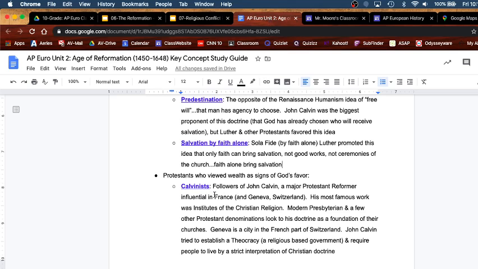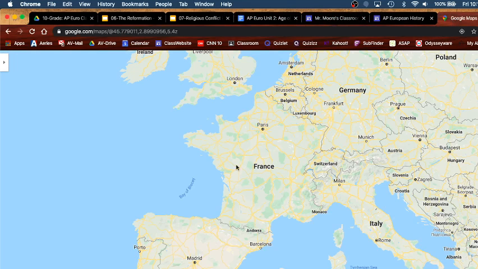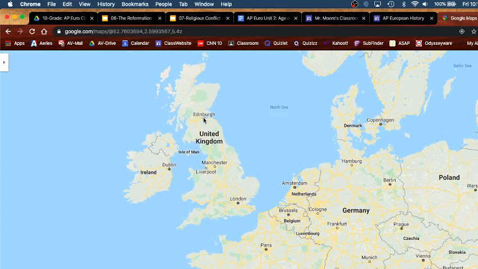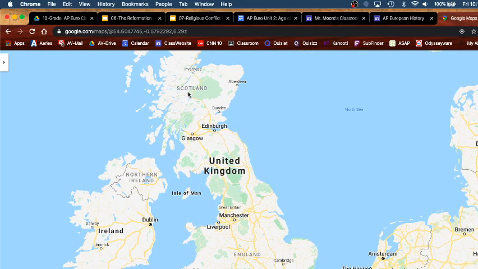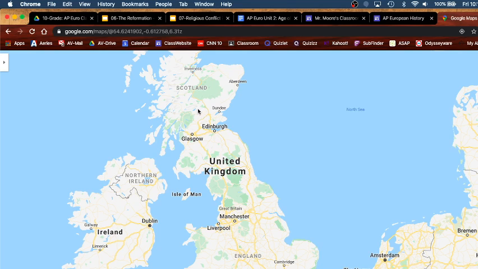And so John Calvin was really big in France. That's where he kind of got his roots. And then, interestingly enough, France and Scotland had a lot of ties together because the Scottish hate the English. Historically, the English were always running over the Scottish and trying to subjugate them and push their agenda on Scotland.